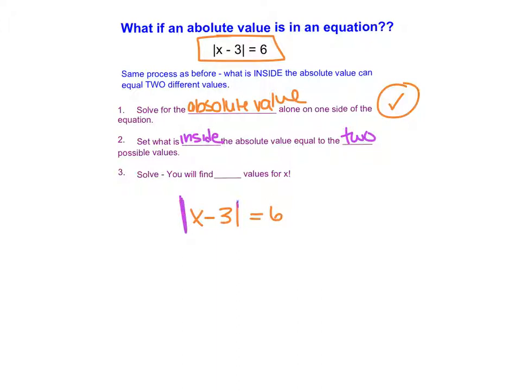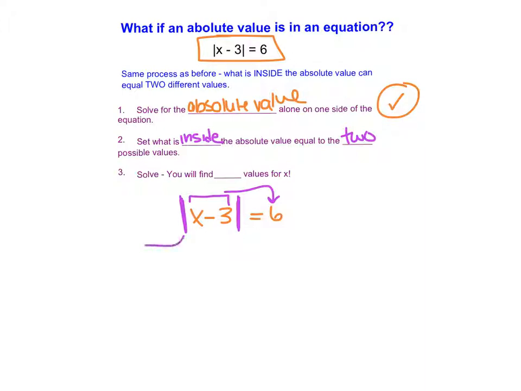So we have absolute value 1 and absolute value 2. So this inside piece here, whatever x minus 3 is, it has to have a distance from 0 of 6 units because the absolute value is going to find its distance from 0. There are 2 numbers that x minus 3 could equal that are a distance from 0 of 6 units.